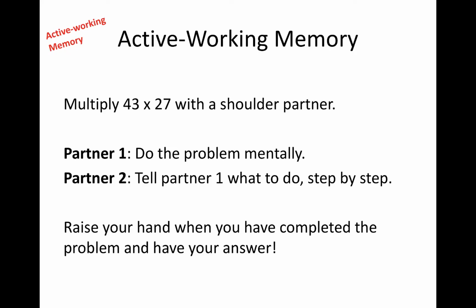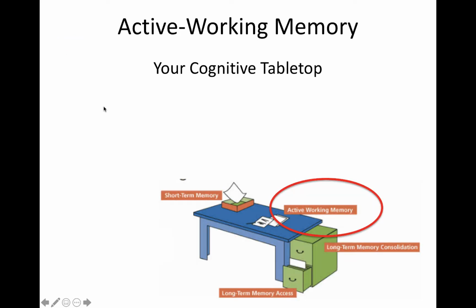Okay. If I were to ask you to multiply 43 times 27 with a shoulder partner, and you were to instruct your shoulder partner how to solve that problem without writing anything down, then that would be active working memory at play. Okay. And again, active working memory is, okay, now I have that information, now I need to determine what to do with it.